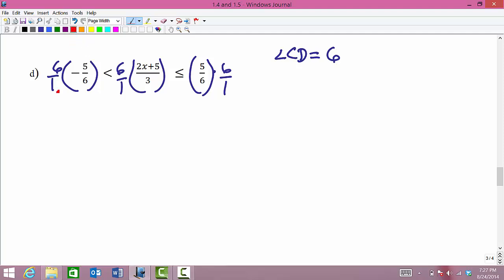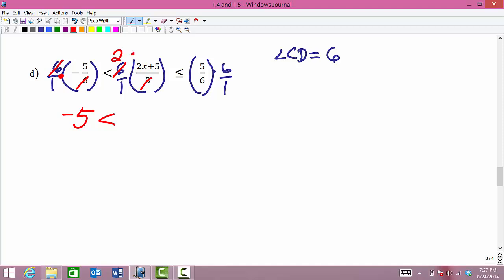Now, instead of just multiplying the 6 in, let's use our reduction property that says that if we are multiplying two fractions together, if we notice that there are common factors on the top and the bottom, then we can cancel those before we actually do the multiplication. We have a 6 here and a 6 here, those are common, and that leaves me with minus 5, less than 3 goes into 6 twice.